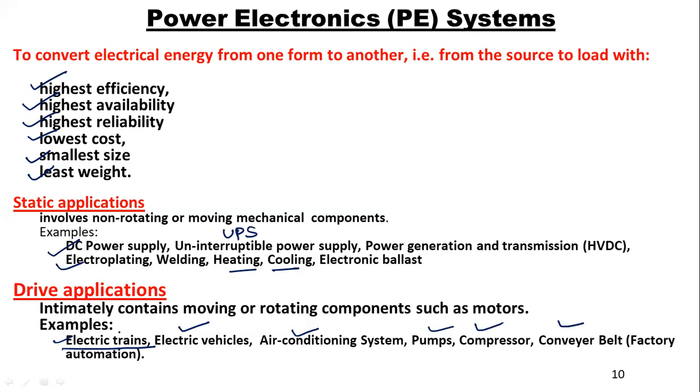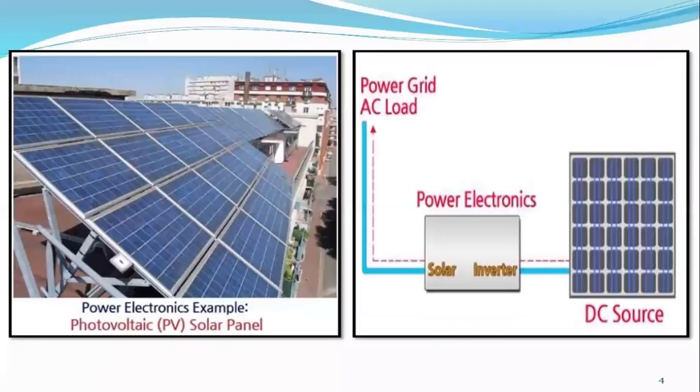Okay, so this is basically the application. Now we have seen why we need power electronics and what the applications are. This is one example, a practical figure which I can show you. This is the PV system, photovoltaic solar panel. Here the converter will be there, and then this is the DC, and the power electronic converter gives AC, which can be given to the grid.